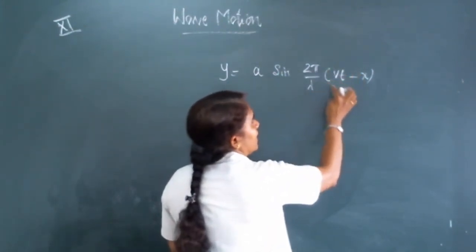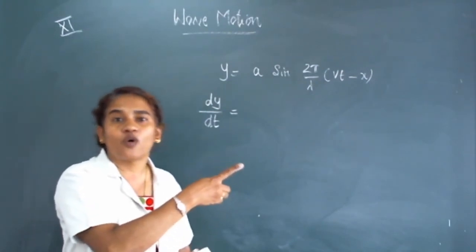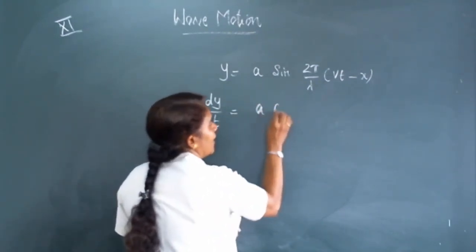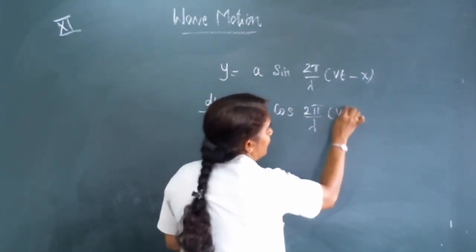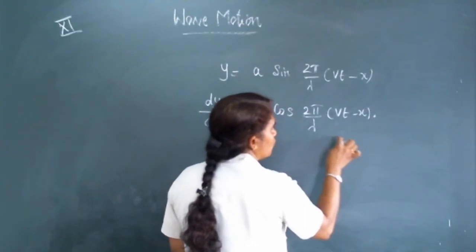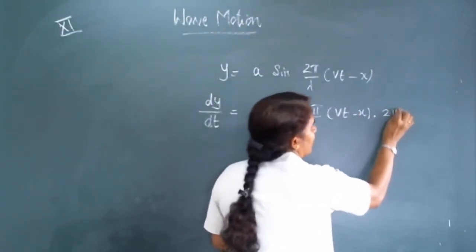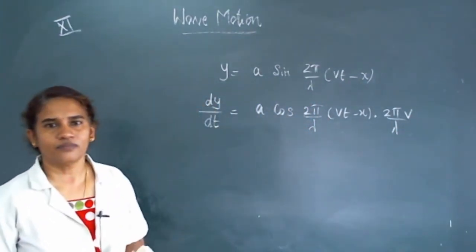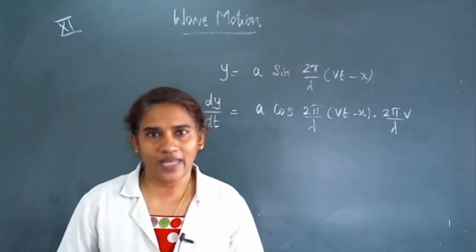But since vt is with respect to t, 2 pi by lambda into vt also has to be taken. So A cos 2 pi by lambda (vt minus x) into 2 pi by lambda into v. That is the derivative with respect to time.